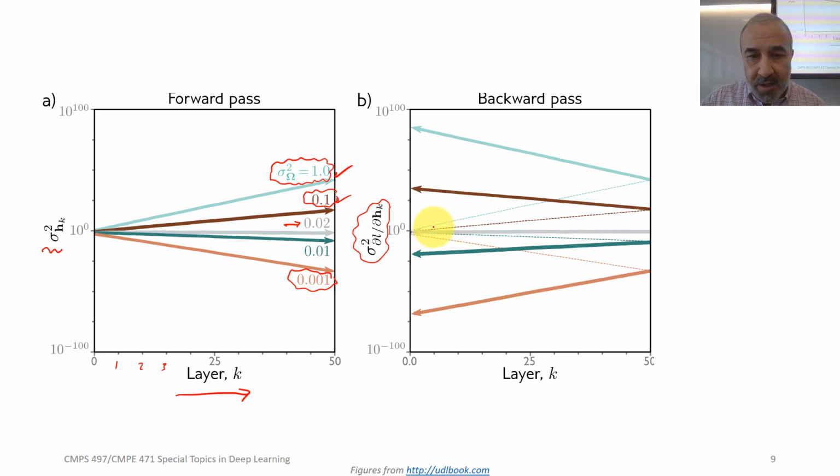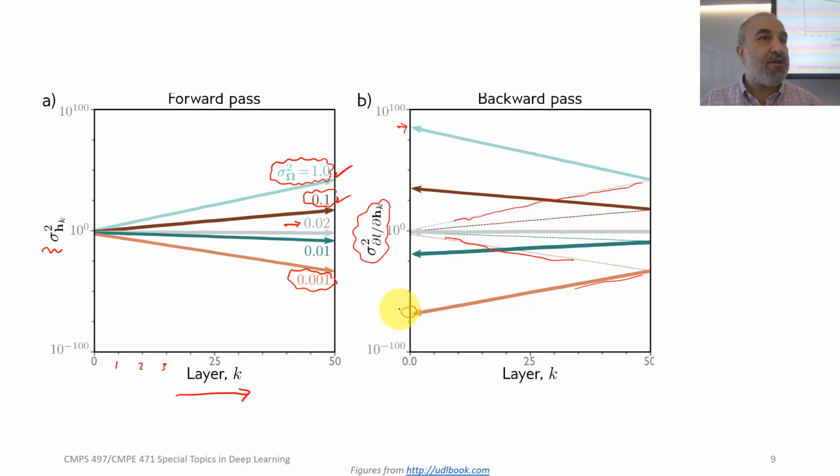For example, this green one is the forward pass, and then when we get back, we reach a very high derivative. On the other side, for the brown one, that's the forward pass, and in the backward pass we are getting smaller.